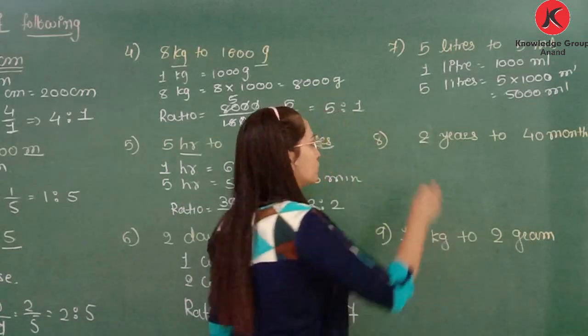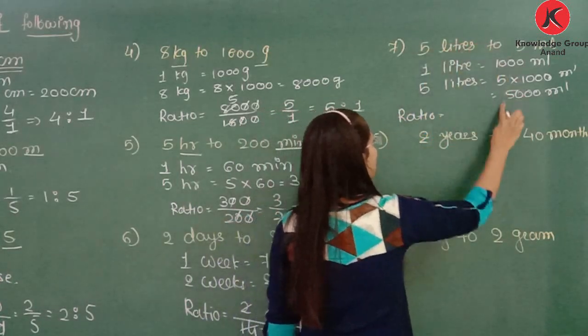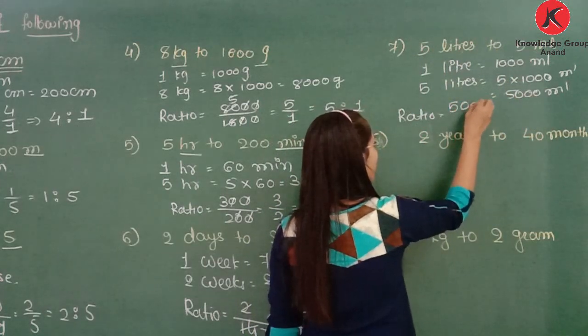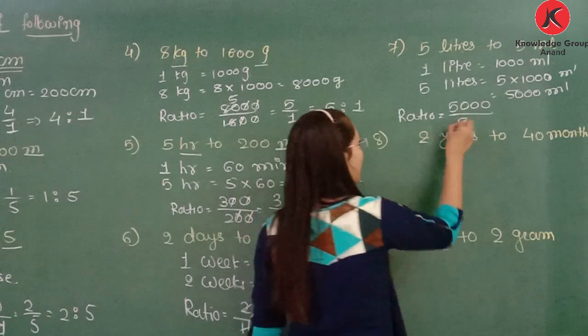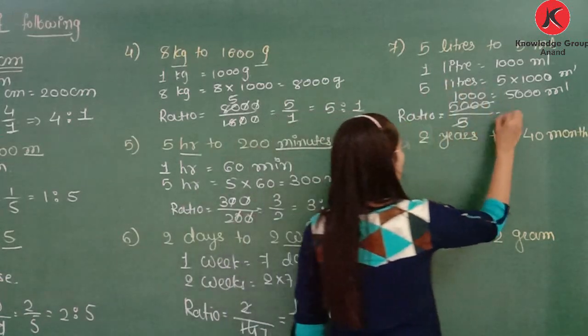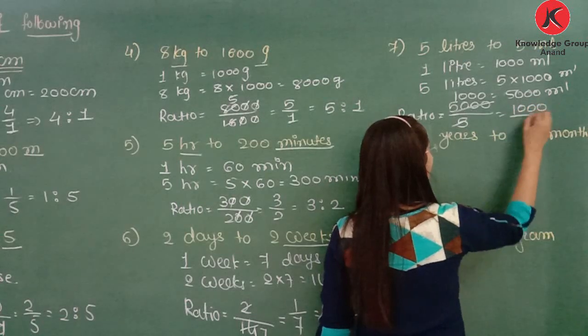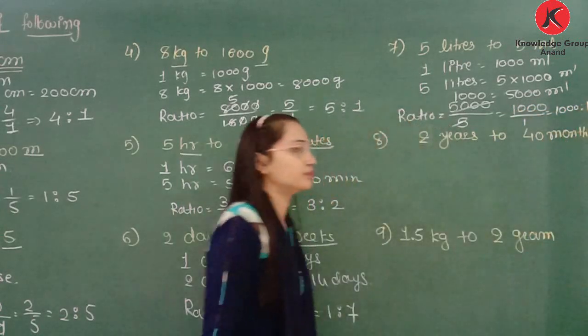Now the ratio. 5 liters is equal to 5000 ml, so that will be in the numerator and 5 ml in the denominator. Now here you can cut the common factor, 5 multiplied by 1000. So 1000 divided by 1. So the ratio will be 1000:1.